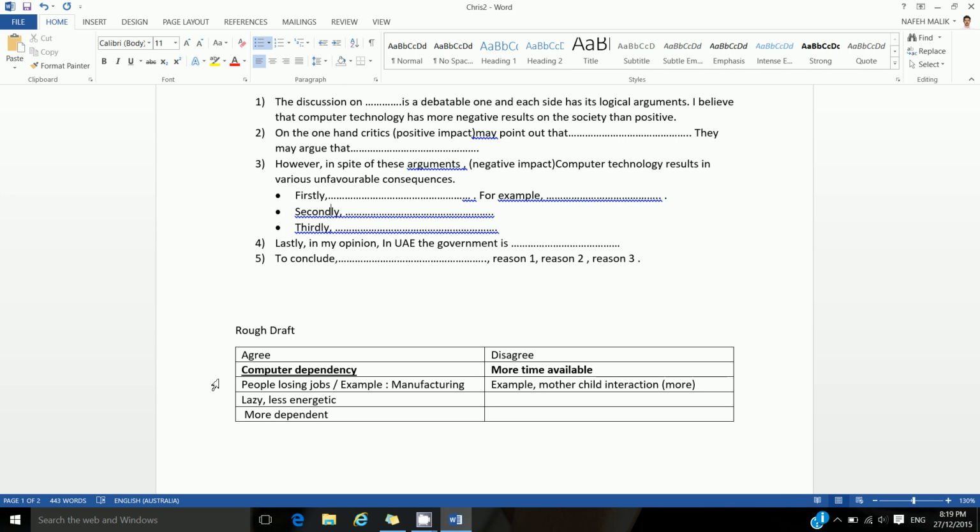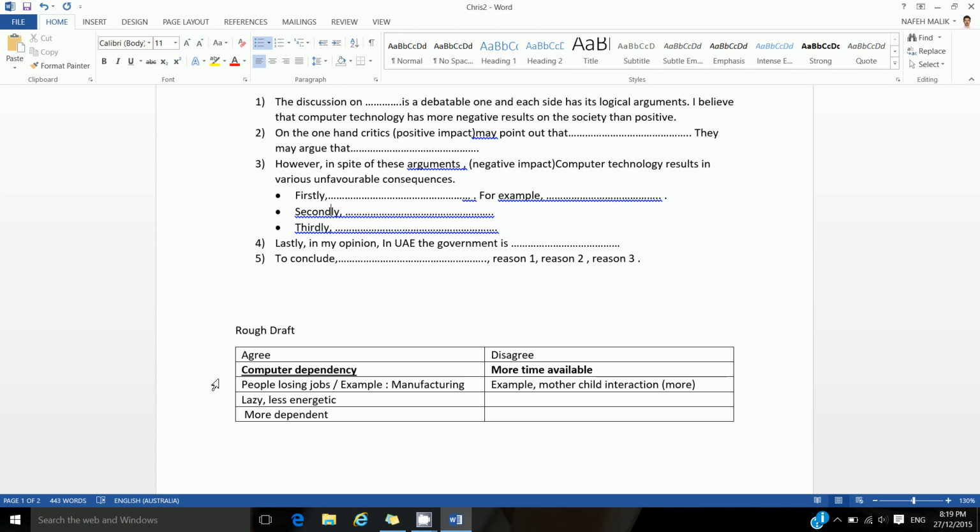Okay, the first reason that I'll say is that people are losing jobs because more computers are there. Computers are overtaking the jobs of a normal person. And a good example is the manufacturing industry, especially the car manufacturing industry. Another reason, secondly, is people are becoming more lazy. They're less energetic. They're less passionate about things.